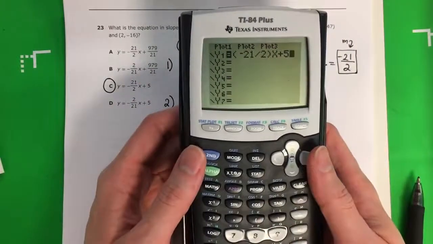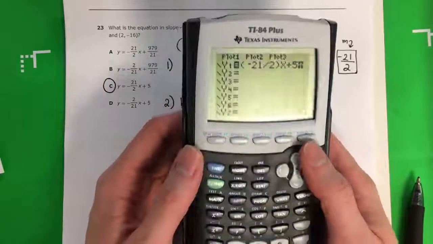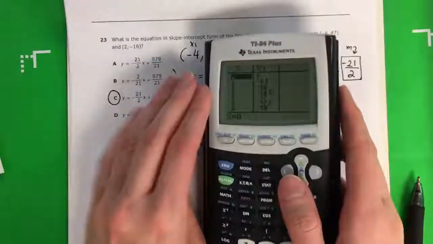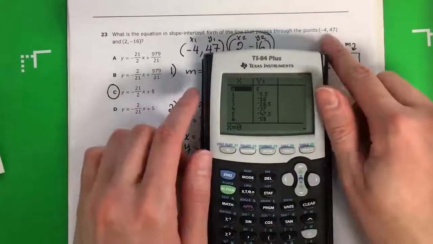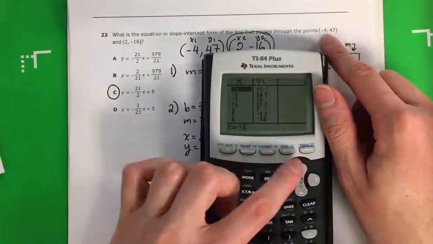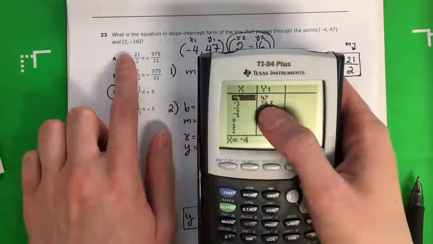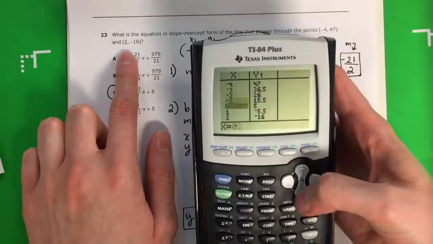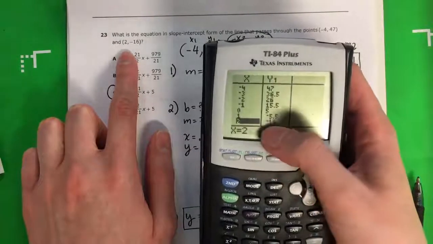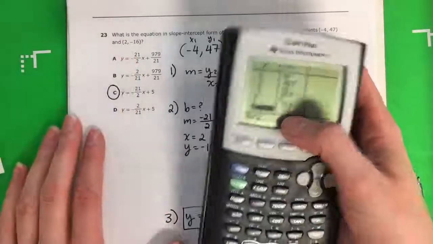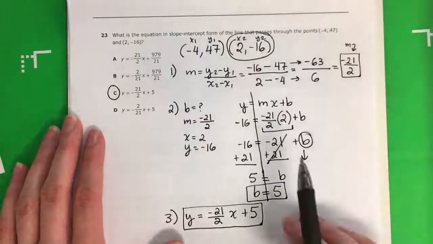And I'm going to go to the table, second graph, and go to negative 4 and see if it's 47. Yes, it is. That looks good. And then check 2, negative 16. Yes, that looks good. Okay, so that's my answer. Looks like C is my answer.